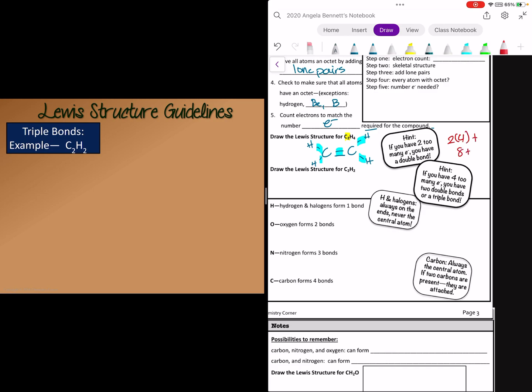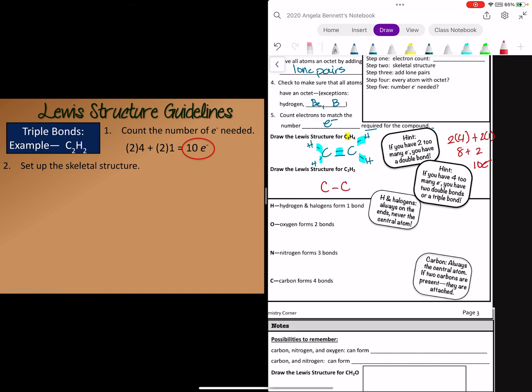But I only have 2 hydrogens this time, so that's 2 times 1, which is 2. So I have 10 electrons. Then I need to set up my skeletal structure, which carbon is there, so he's going to go in the middle, and I have 2 of them, so I'm going to connect them. I have 2 hydrogens, so I'm going to go with my symmetry and do 1 on each side.